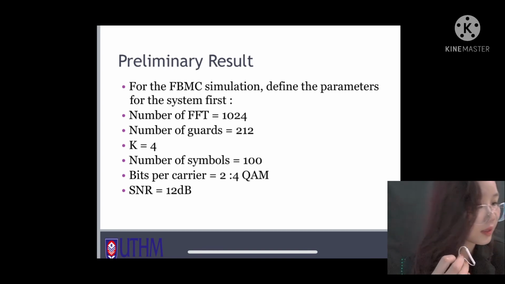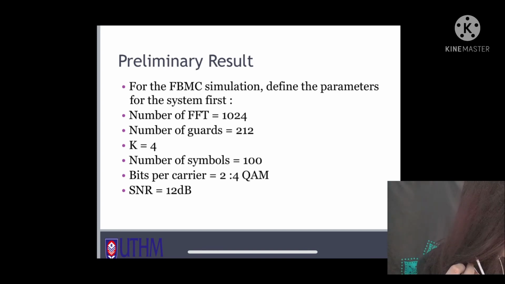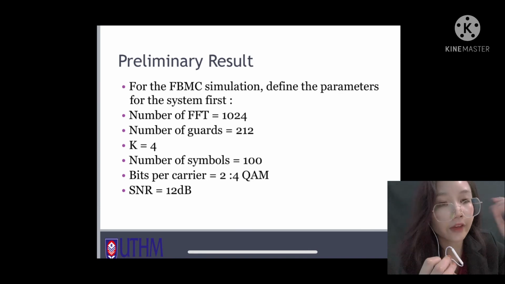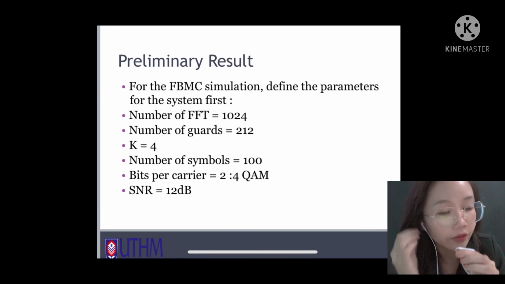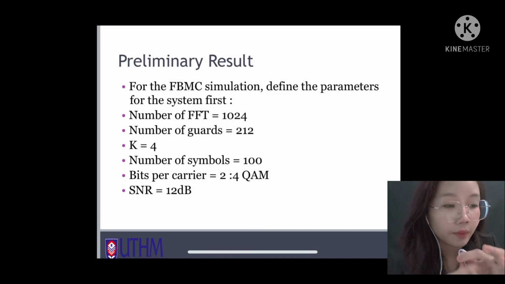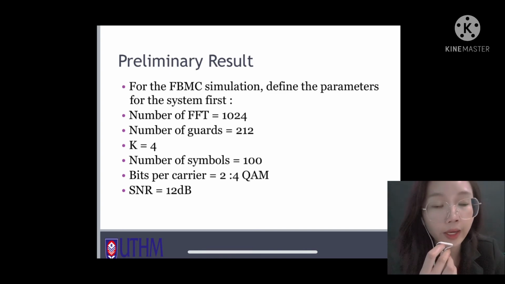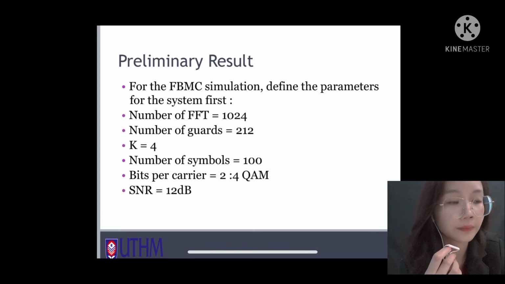K is the overlapping factor. The number of symbols is 100, and bits per carrier is 2, which is for QAM, and the SNR is 12.